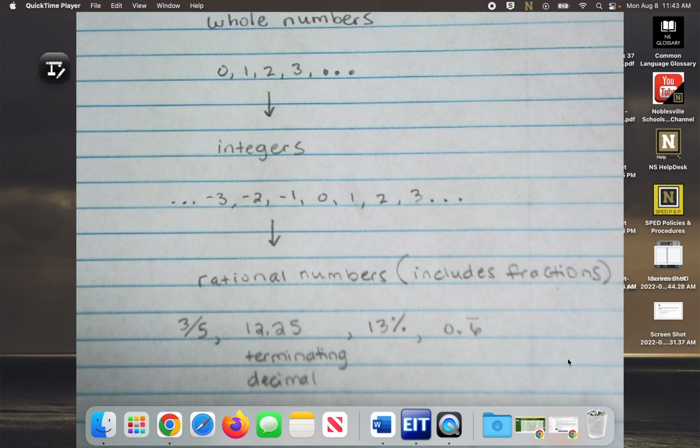D-E-S-M-O-S. Just hit go. And then scientific calculator. Go.